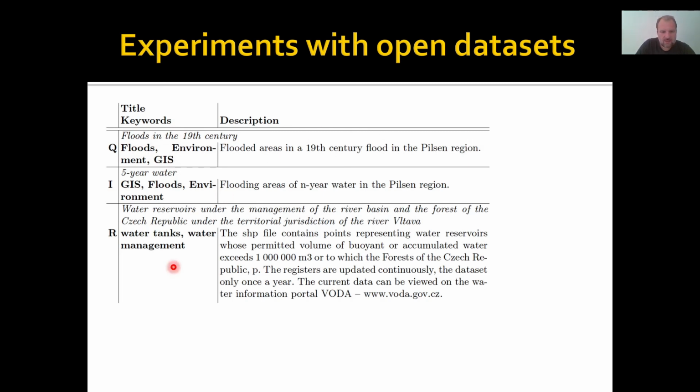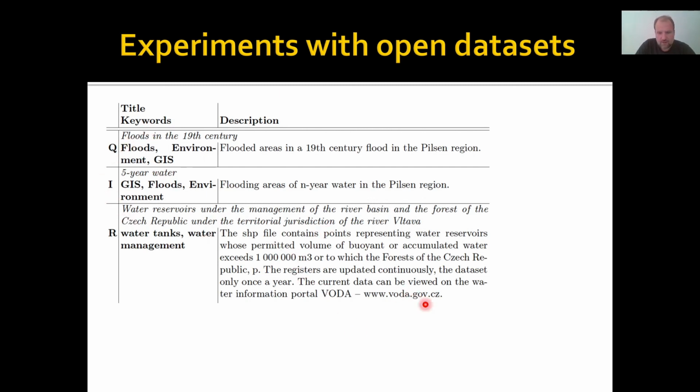And then we can see the result dataset that basically has no keyword in common with the query dataset. You can see that there is flood in century, there is water reservoirs, management, river basins, forests. The keywords here are floods, environment, GIS, here water tanks, water management, there is nothing in common.